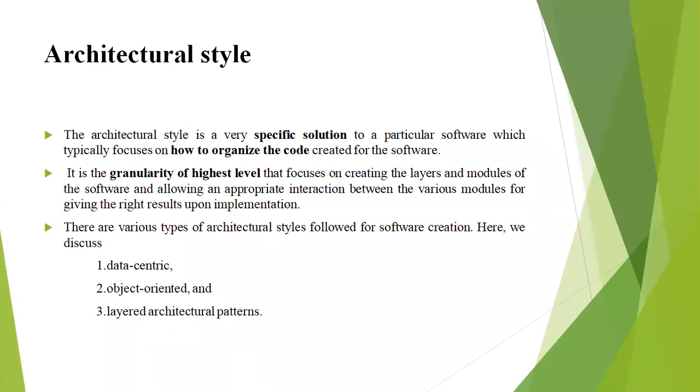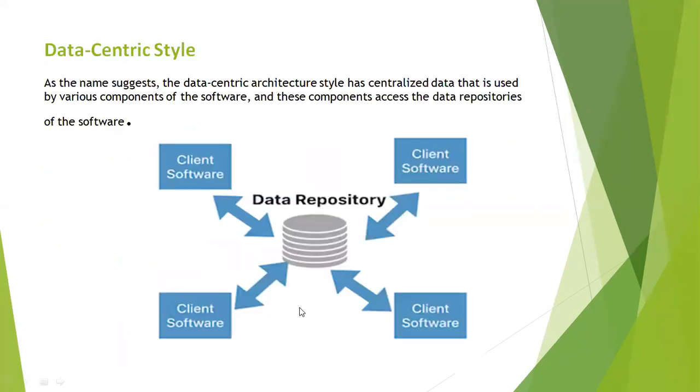Clear? Actually, in real time, there are three types of architectural styles available for creation of software coding. Those are data centric, object oriented, and layered architectural patterns. Yes. Coming to the first one, data centric style.